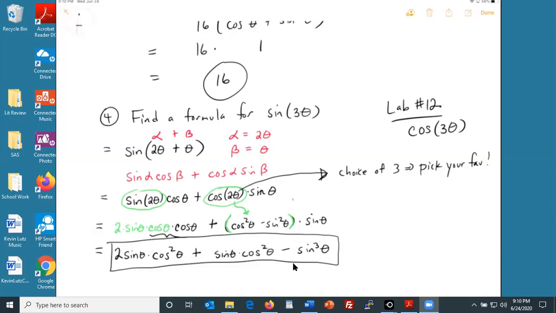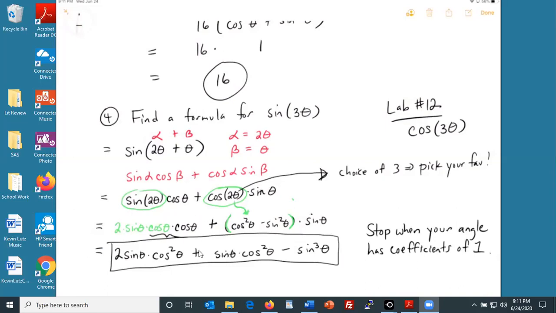Now, of course, the question is, how do I know when to stop in a problem like this? How do I know when to stop? And you stop when your angle has coefficients of 1. All right.